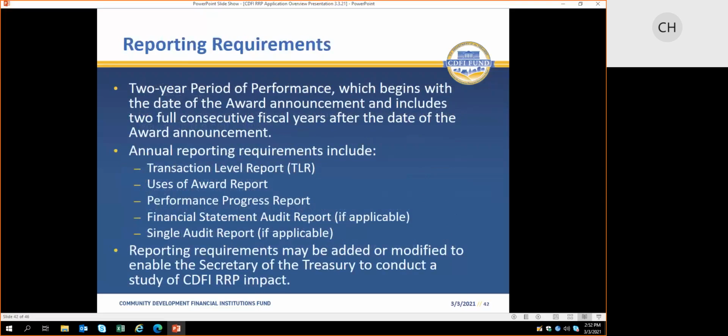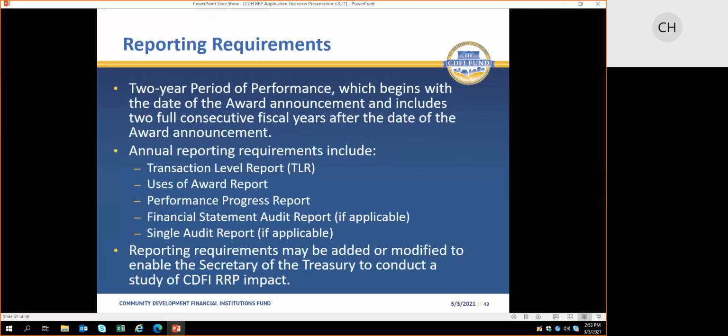There will be a 2-year period of performance, which begins with the date of the award announcement and includes 2 full consecutive years after the date of the award announcement. So everybody's period of performance will actually be longer than 2 years after the award announcement date. This works in a fashion similar to the FA and TA awards in CDFI and NACA. And you'll have reporting requirements that are similar to the CDFI program and NACA program awards.